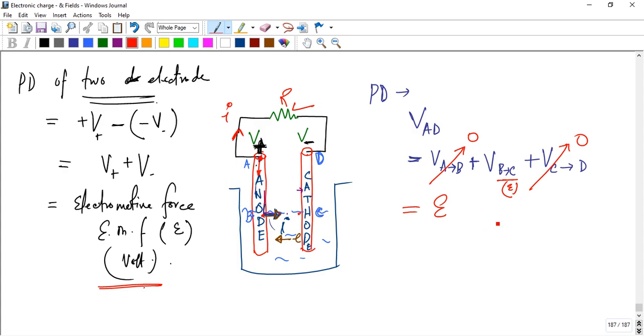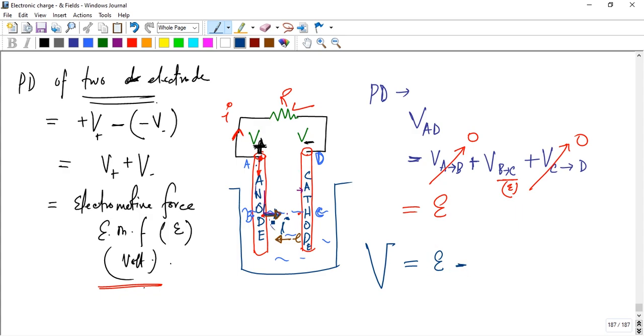Okay, and the final potential: consider the cell as a DC source, so suppose there is a potential here. So V, the potential, is the EMF, meaning B to C, or the potential difference between the two electrodes, and there is a current direction. One current direction, and the other is in the opposite direction. So that is equal to these currents.